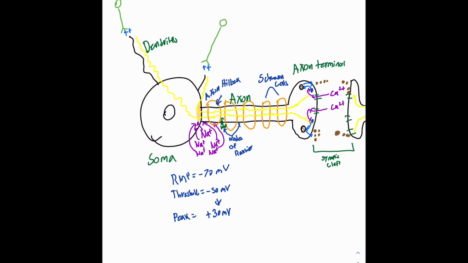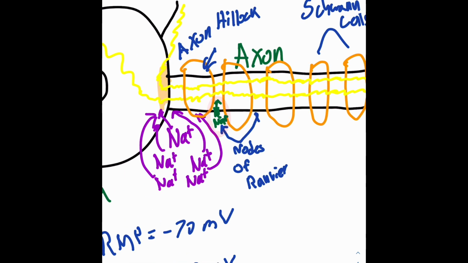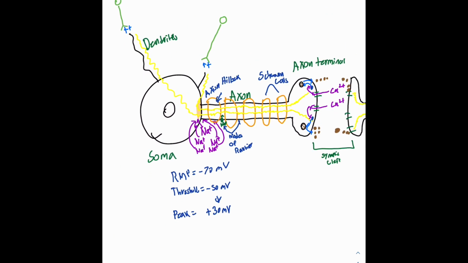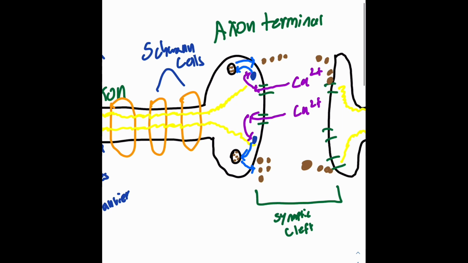However, over time, the electrical activity starts leaving the cell. So to preserve it, there are sodium ions that are able to go through these sodium channels in these locations called nodes of Ranvier, which are there to resupply the sodium needed to maintain the electrical activity. And as such, the electrical activity continues forward through the axon onto the axon terminal. At the axon terminal, the electrical activity is able to activate these channels that bring in calcium.